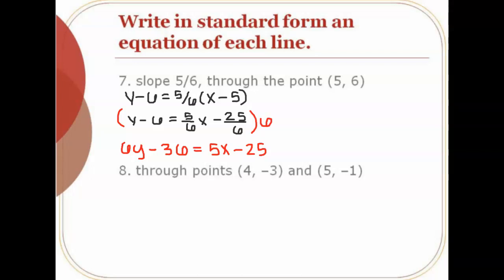Then that becomes 5x minus 6y, because we're going to subtract 6y to the other side, and then you're going to add 25 to the other side. So negative 36 plus 25 gives negative 11.